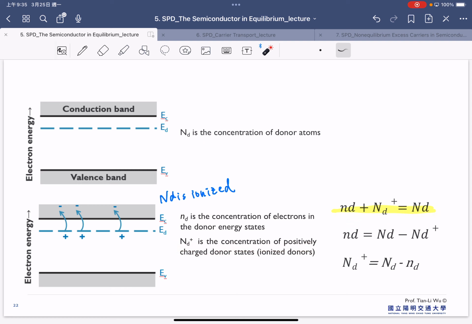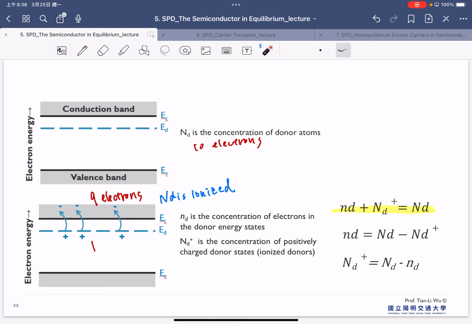We can use a simple example to understand this. Once this is ionized, let's assume that we have 9 electrons above the conduction band, and in total we have 10 electrons, which is the concentration of the donor atoms here.